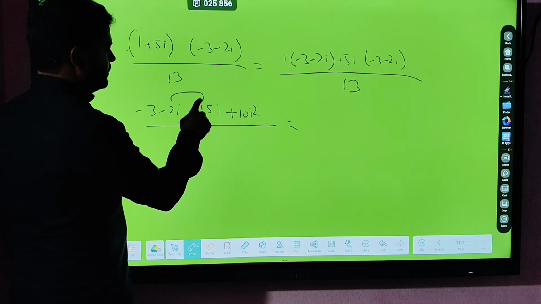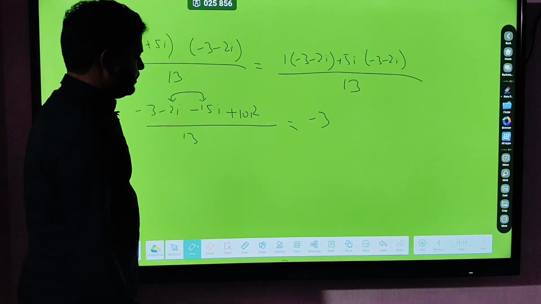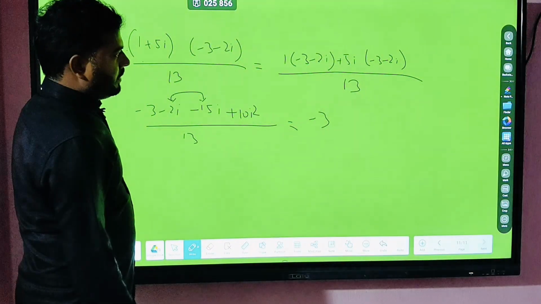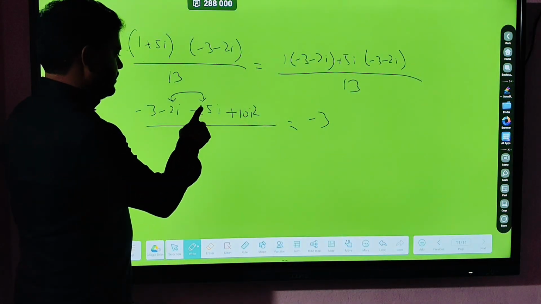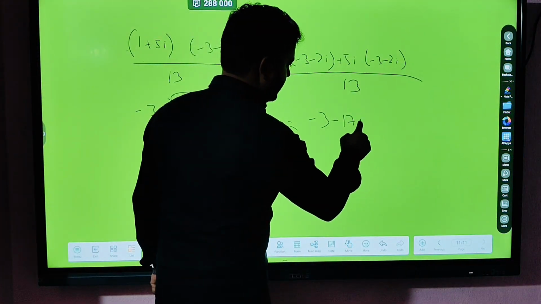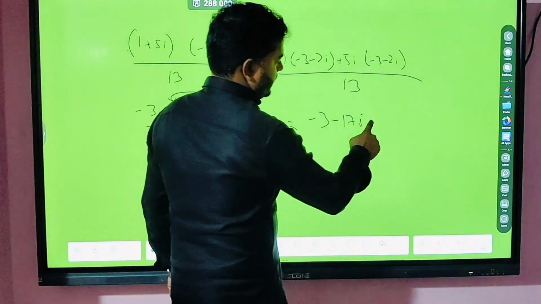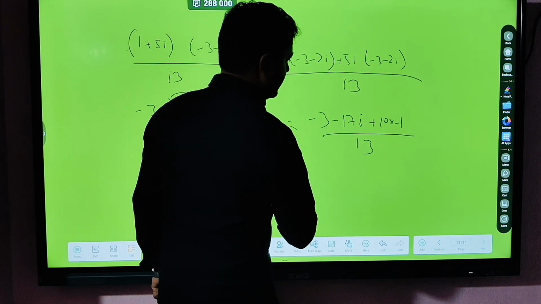So these two are like terms, right? So we can just add. So this is minus 2 iota minus 15 iota, which is minus 17 iota, and then this is 10 into iota square value, which is minus 1, divided by 13.